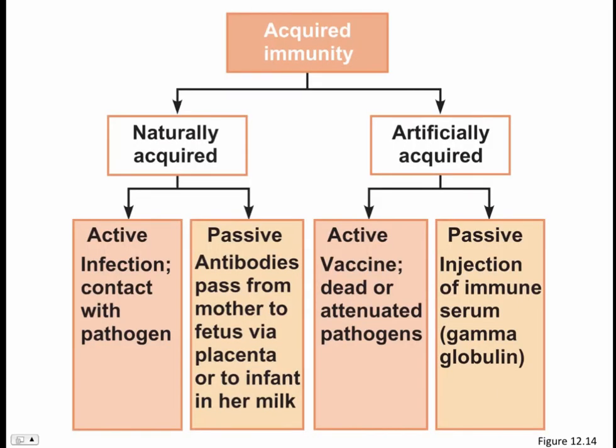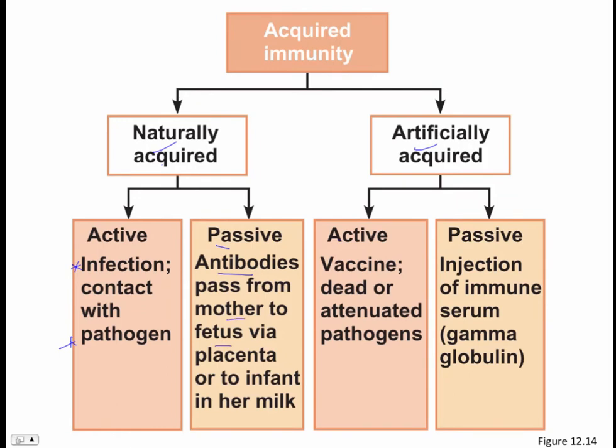Here's an overview of both the naturally acquired and artificially acquired forms of immunity. You can have active, naturally acquired immunity, in which case you come into direct contact with that pathogen. You can have naturally acquired passive immunity, in which case you gain antibodies directly from your mother into your fetus.